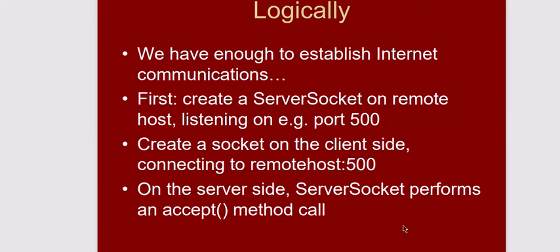And then to communicate with the server, you need to create a socket on the client side. I've shown you how to connect to a remote host, in other words, a server, listening on a given port number. All we now need to do is, on the server side, perform an accept method call to enable the server application to communicate with me.